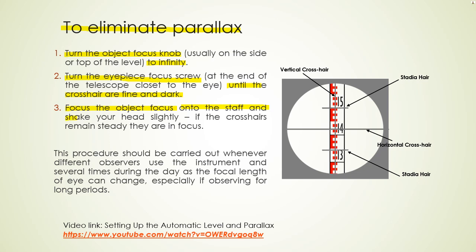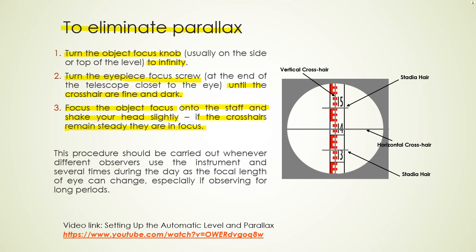And then we try to shake your head slightly, move your eyes up and down a little bit, and now if the crosshairs remain steady, they are in focus and there's no parallax error. If not, we need to repeat this process.